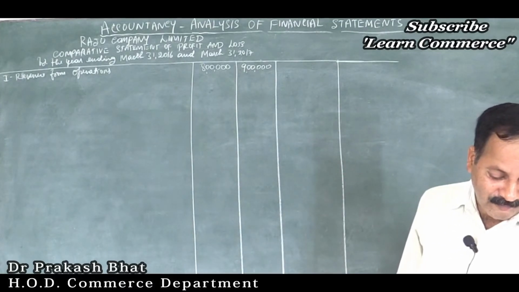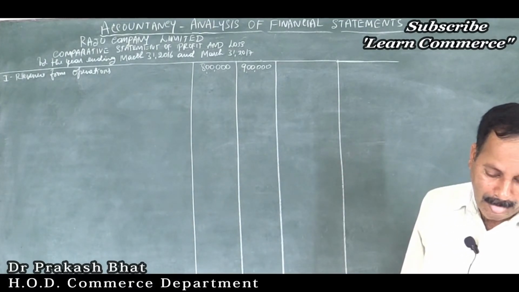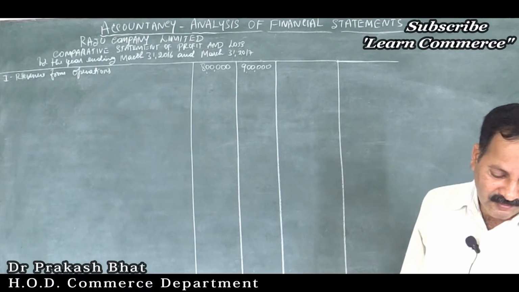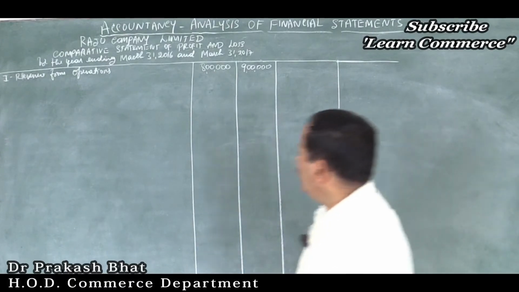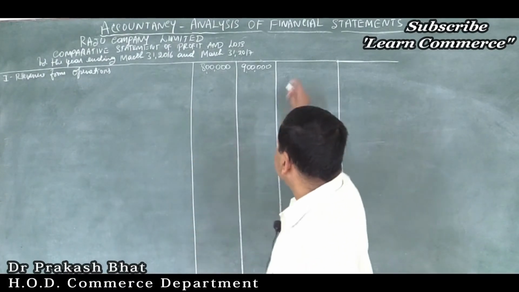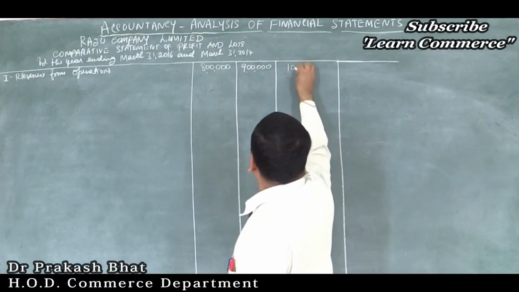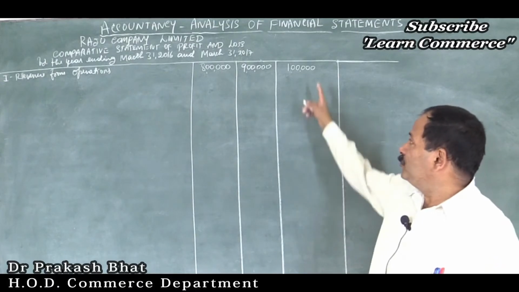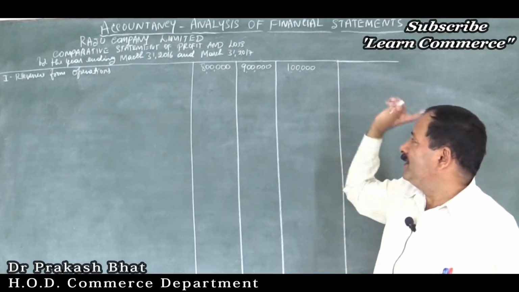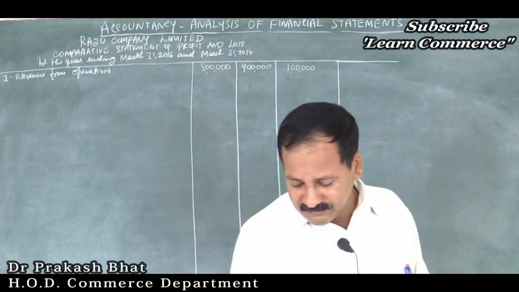Then revenue from operations, 8 lakh, 9 lakh. There is a difference of how much? 1 lakh. There is an increase of rupees 1 lakh. For 8 lakh, 1 lakh. For 100, how much? Calculate.